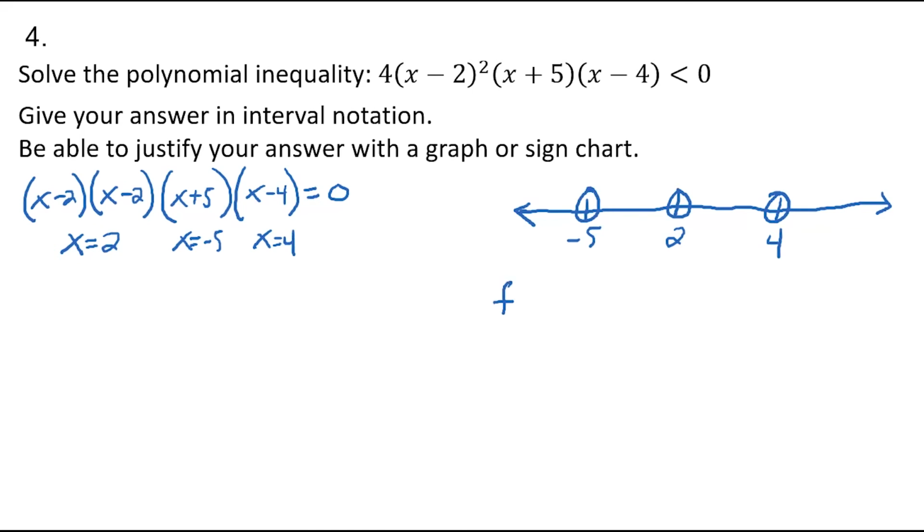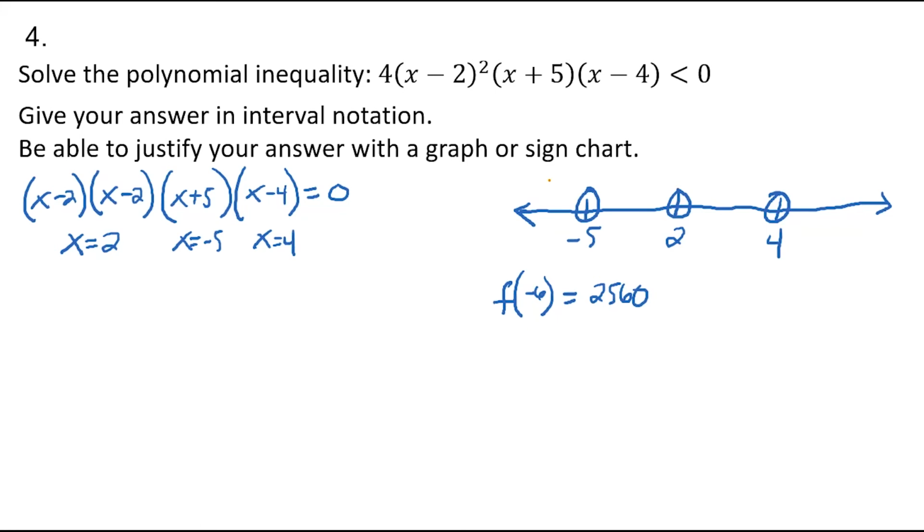I'll pick a value from this first interval, which I'll use f of negative 6. When I plug in negative 6 for x, I get a positive 2,560.